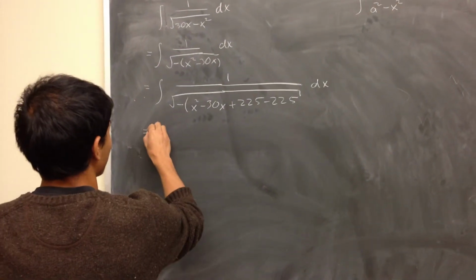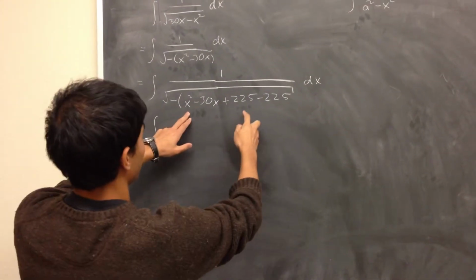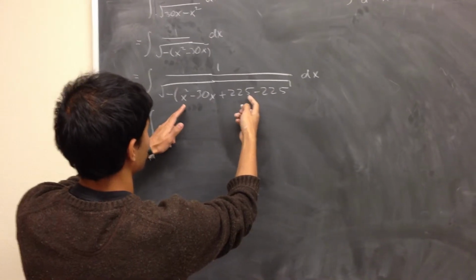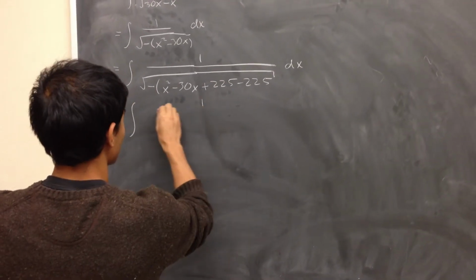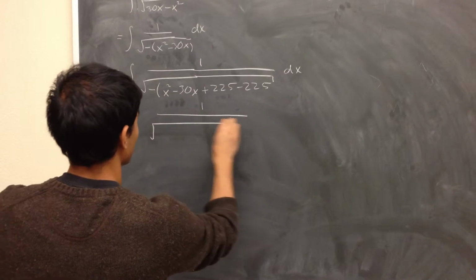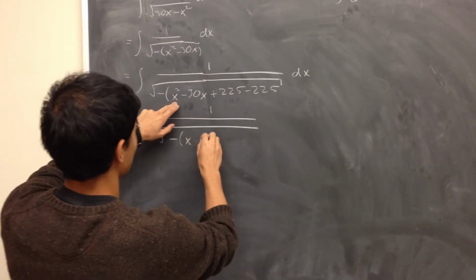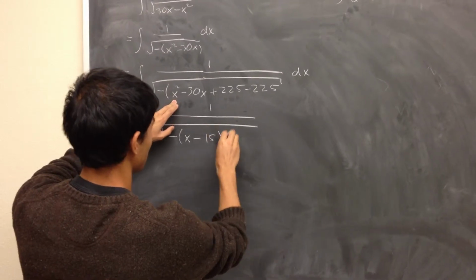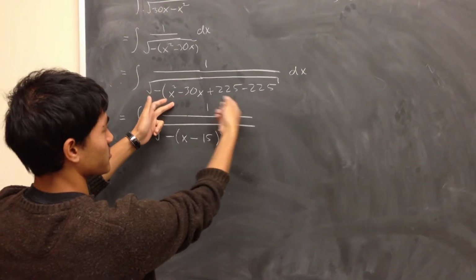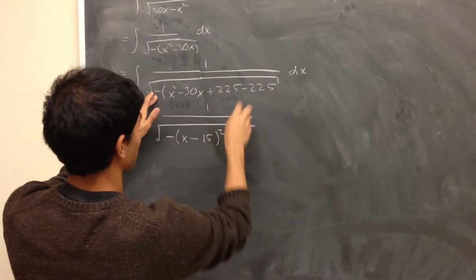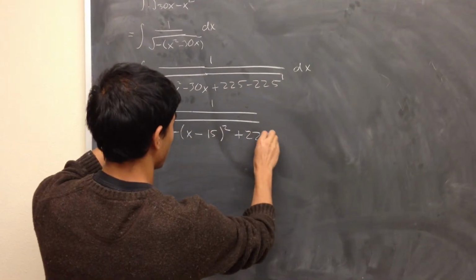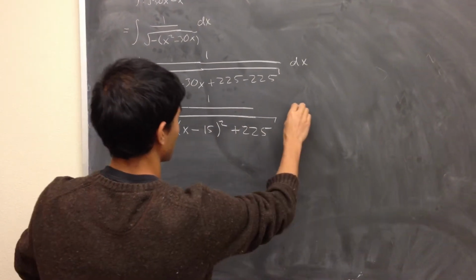And now we have to notice that this can be factorized. So this part, we have an x minus 15 squared. That's these three terms. And then you'll get a plus 225 dx.